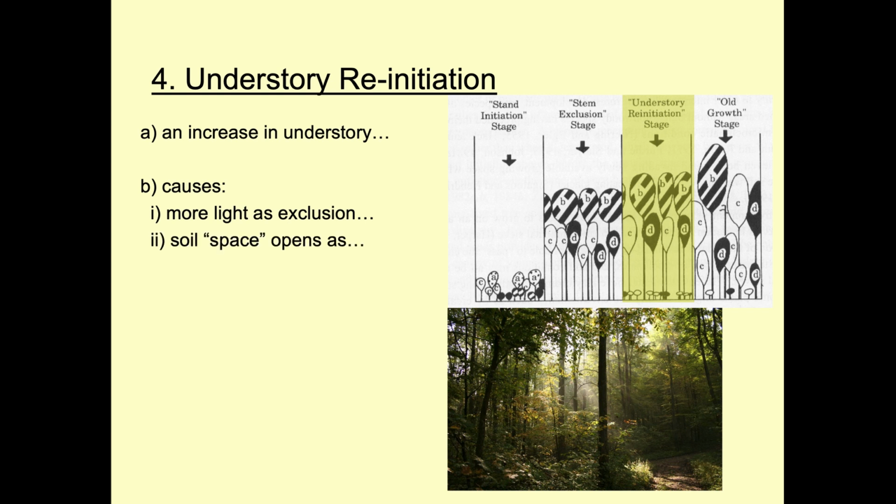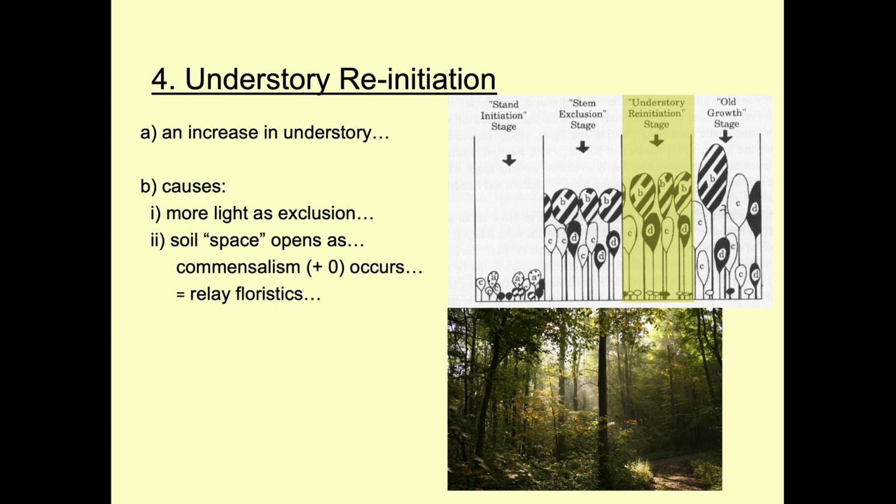Sometimes soil space opens up as the organic litter added by the canopy provides nutrients and holds moisture for small shade-tolerant seedlings and saplings. Those shade-tolerant seedlings and saplings are thus experiencing commensalism, a positive outcome for them, and a neutral outcome for the canopy trees that provide them with organic matter.